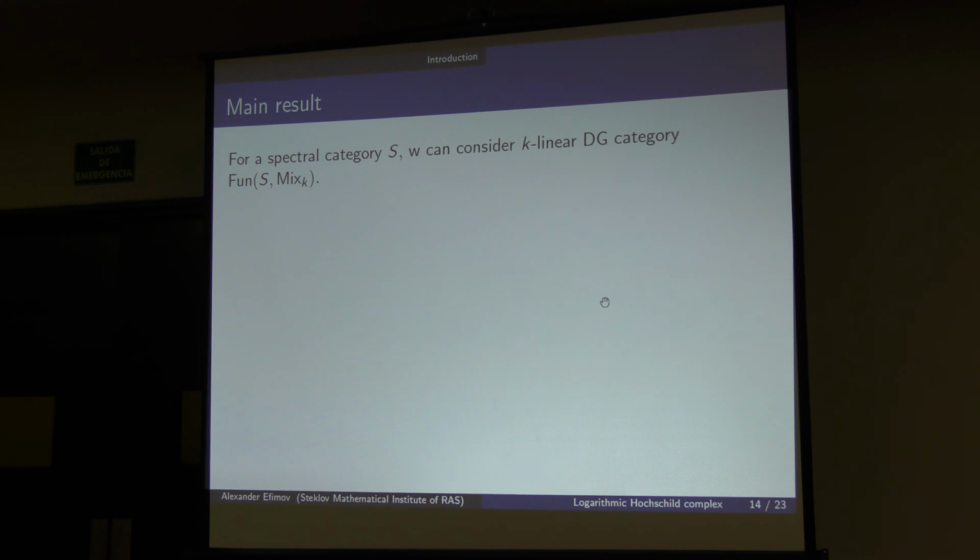For a spectral category S, we can consider spectral functors from S to mixed complexes over K. Now we naturally have a restriction of scalars functor from functors on the whole world of DG categories to mixed complexes, to functors on only smooth and proper ones.